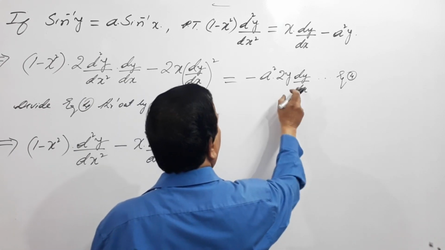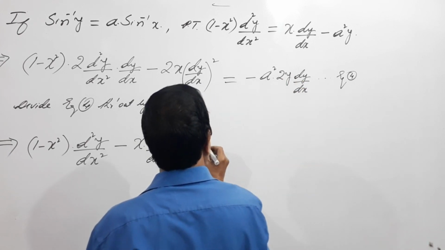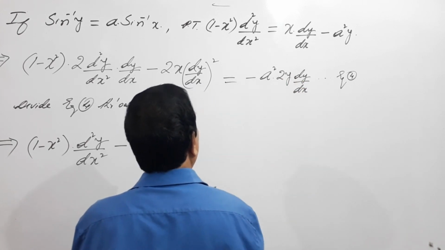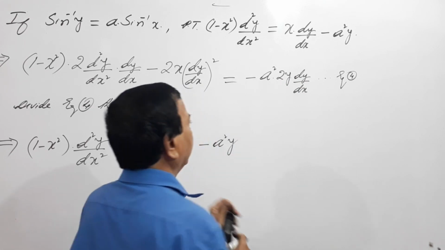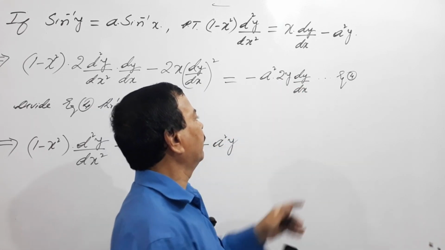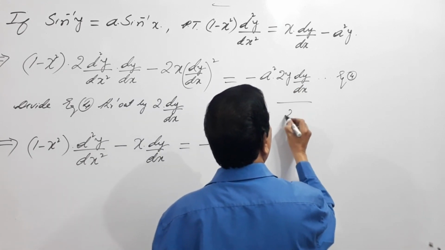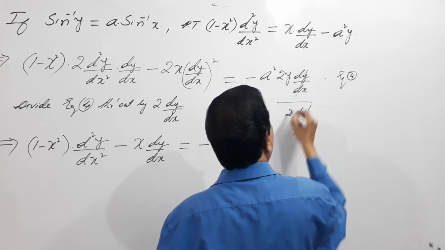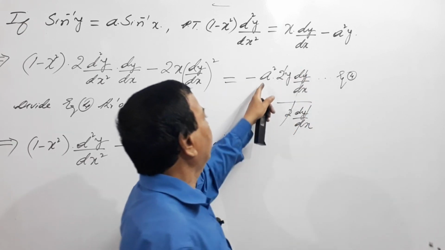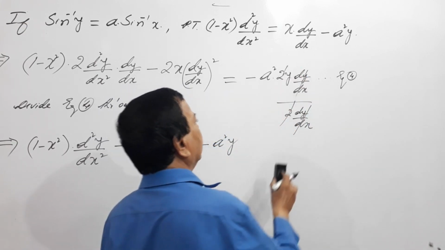So I am left with a square. See, this 2 and this dy are gone. So you are left with minus a square y. See, this 2 and 2, if you divide by 2 dy by dx, this and this cancel. We are left with a square y. Done.